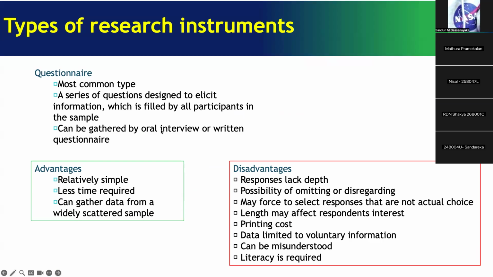Can be gathered by oral interview or written questionnaire. So when I say I need to collect data by oral interview or written questionnaire, intentionally we have an idea about the person or the people or the sample that we are going to examine, right?